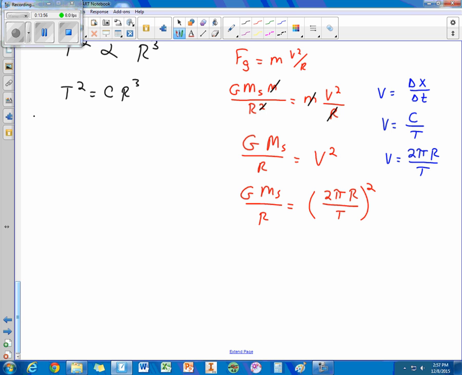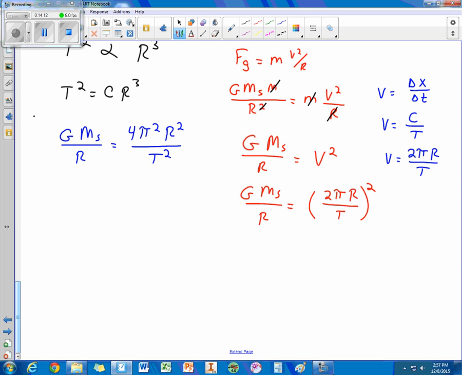So what I'm left with then is this. I've got G, mass of the sun, over r equals 4 pi squared r squared over T squared.